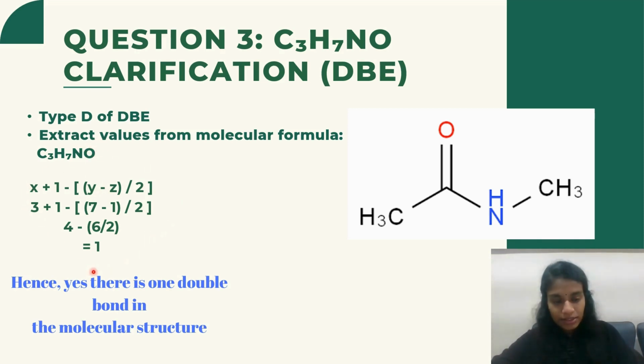Once we calculate, we get the value 1. And yes, there is 1 double bond in the molecular structure, in the carbonyl group. So that is how we need to find the molecular structure for this unknown molecular formula for question 3.